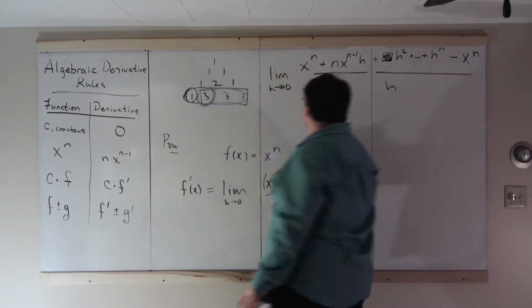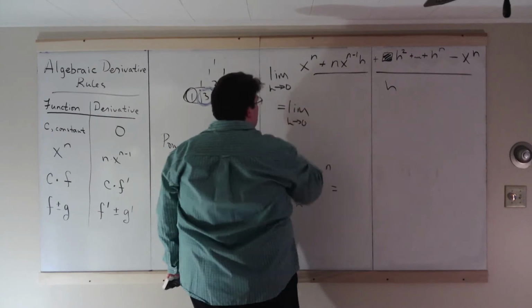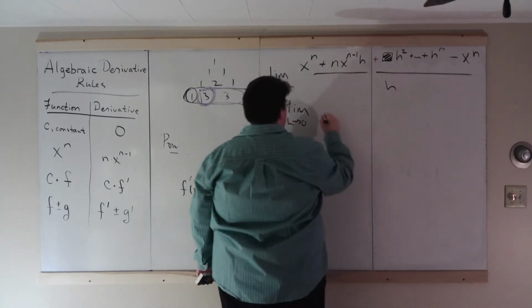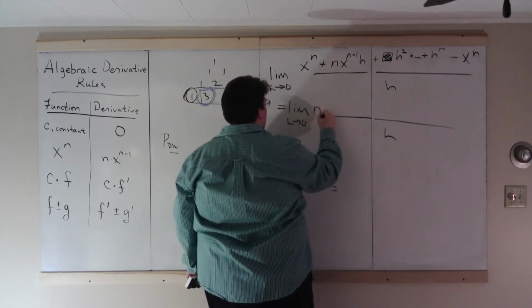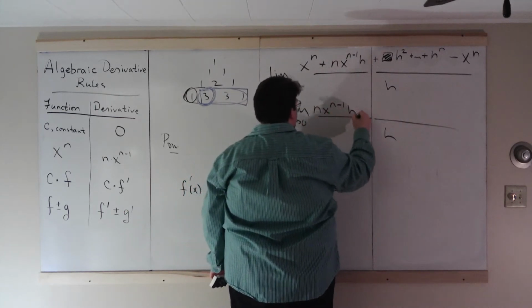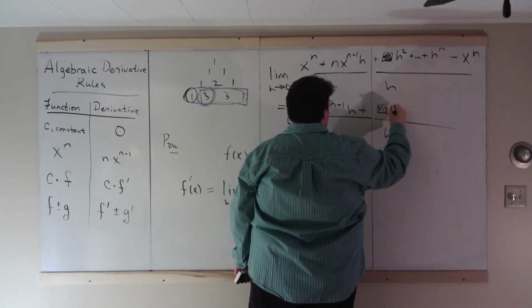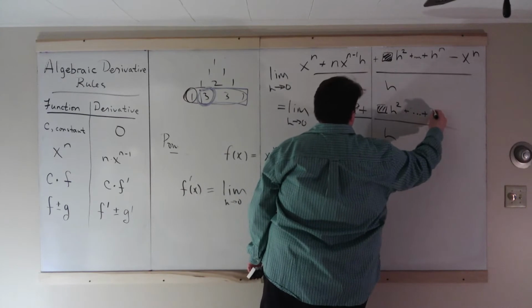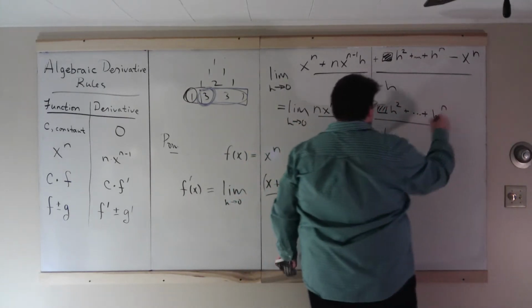Well, what do we do with this? Well, x to the n and negative x to the n cancel. So we're left with an h in the denominator, n x to the n minus 1 h plus blob h squared plus up to h to the n.